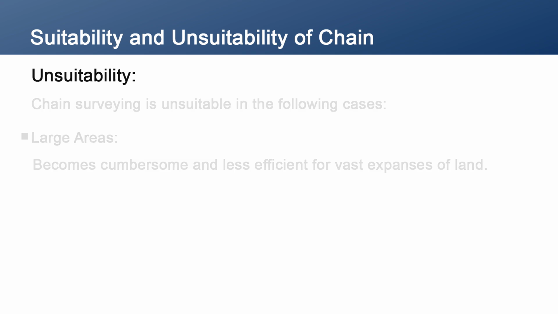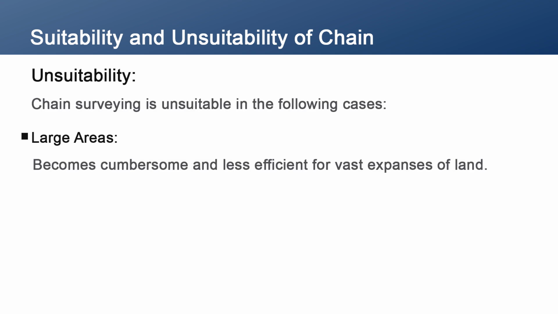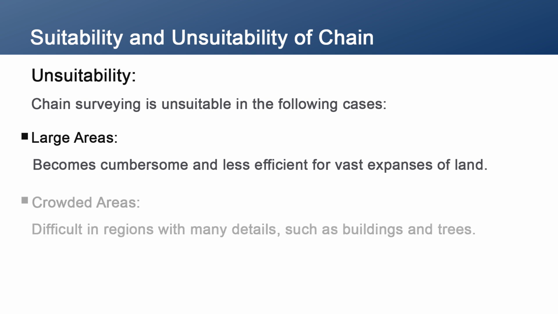Now comes the next question. What are the unsuitable areas? Chain surveying has its limitations. First, large areas. For a vast expanse of land, chain surveying might not be practical. It becomes cumbersome and less efficient as the area grows. Next, if the land is filled with a lot of details like buildings, trees and other structures, chain surveying may be difficult.